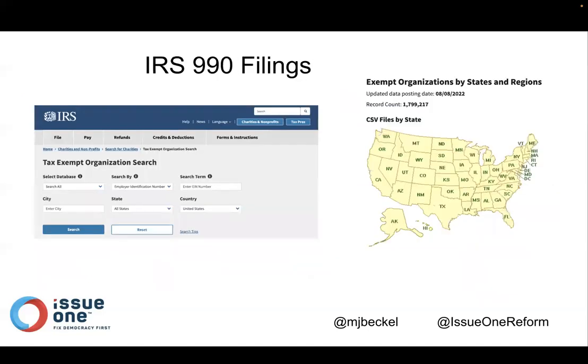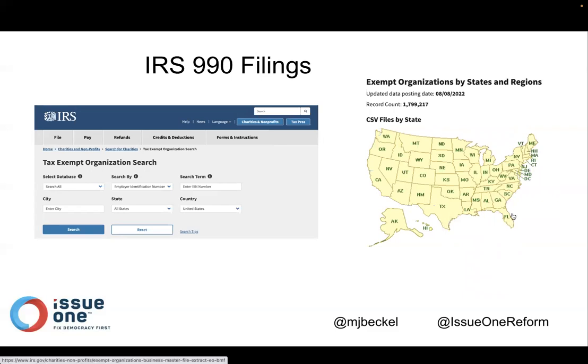And nonprofit filings are just immensely helpful when looking at dark money groups. A lot of dark money groups themselves are registered as nonprofits, either under Section 501c4 or 501c6 of the tax code. And so even trying to figure out who might be connected to this organization, you can find in the IRS's tax exempt organization business master file, which you'll see here on the IRS website.